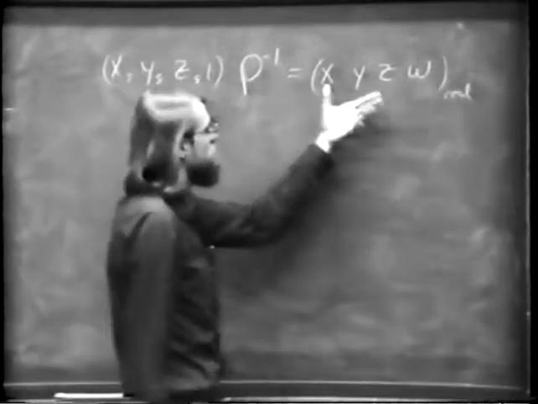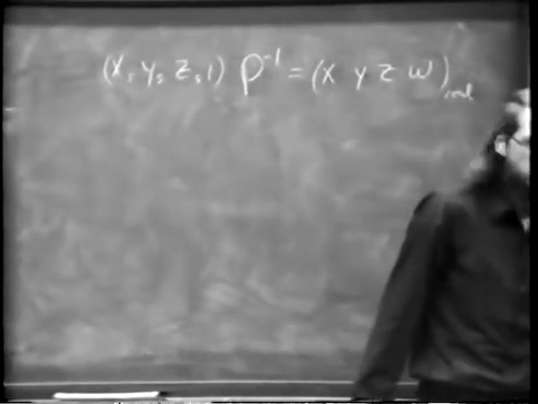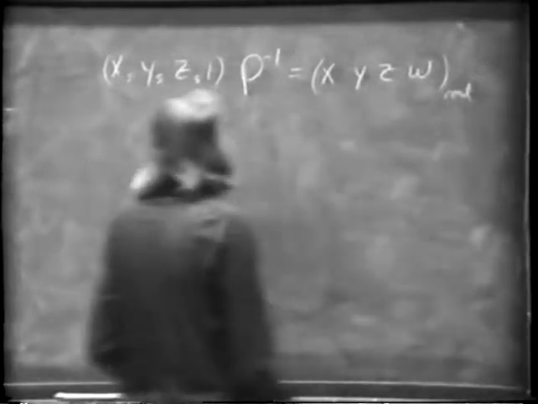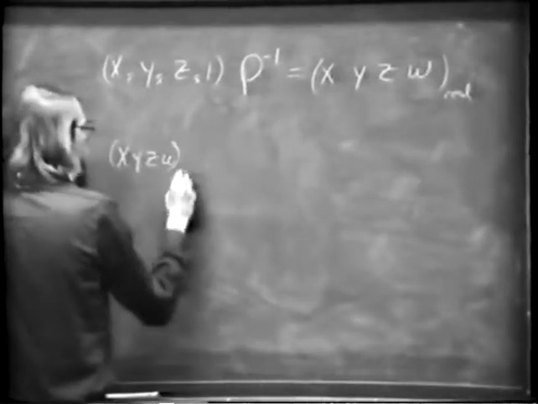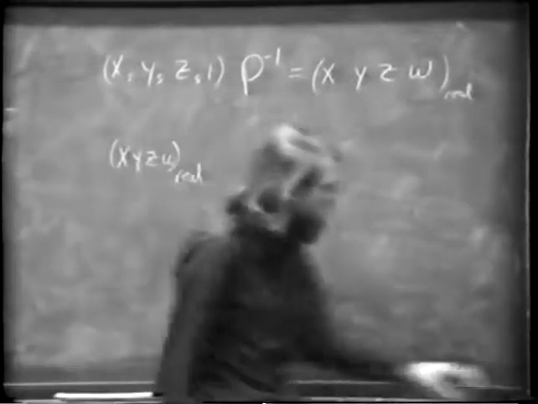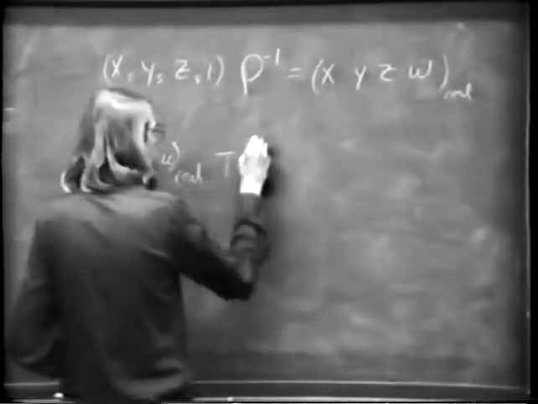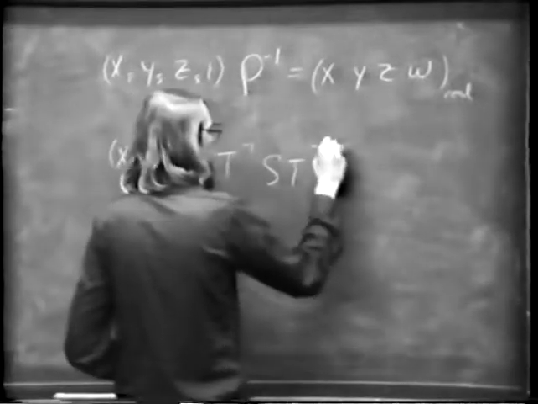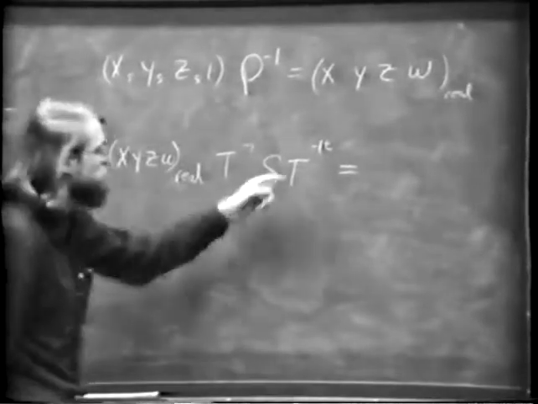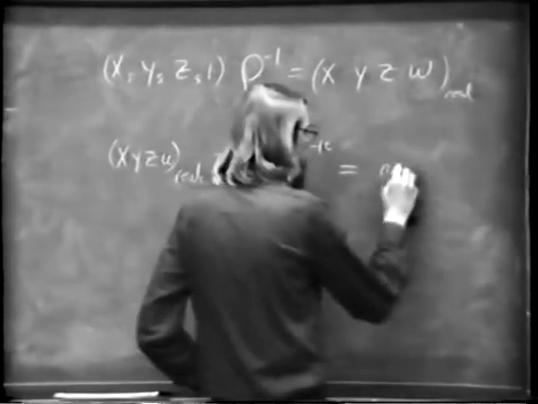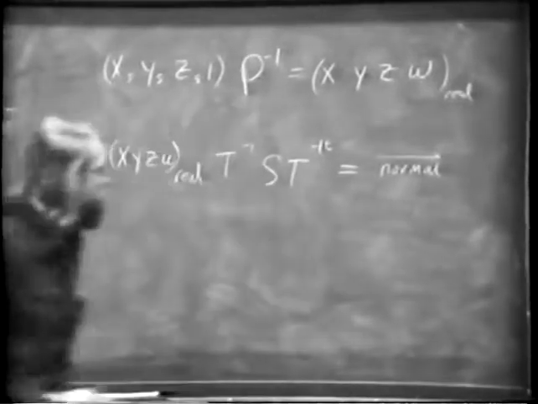In real space, and multiply then this thing by the Q, real space Q. Which is T inverse S, T inverse transpose. And this will give us the normal vector. It'll actually give us a 4-element matrix.